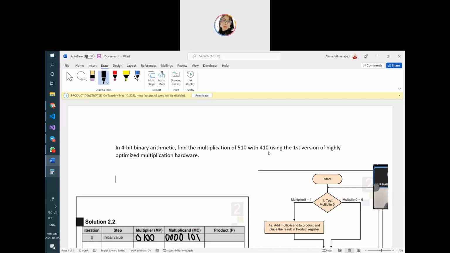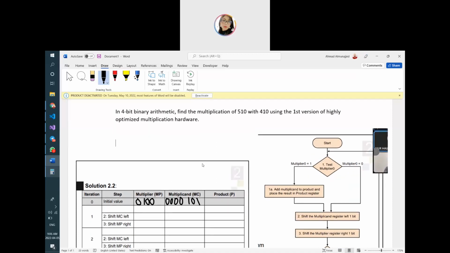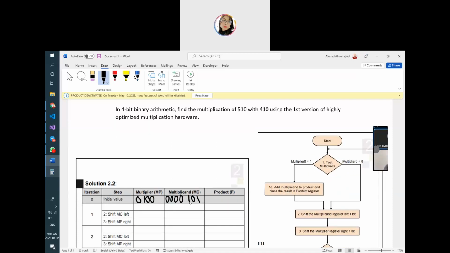In the question 2.3, it's mentioned 6 bit. So if 6 bit, the MP will be 6 bit, but MC will be double. Product will also follow the 6 bit. Product and MC will follow similarly, but MP will stick to the question.